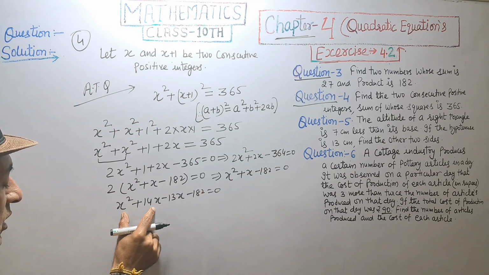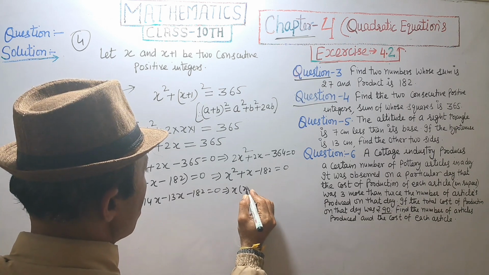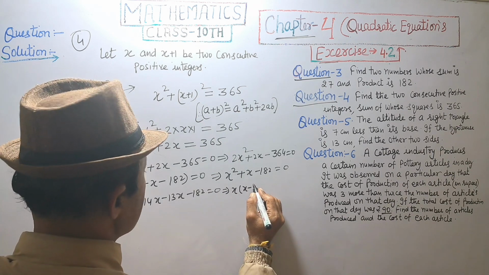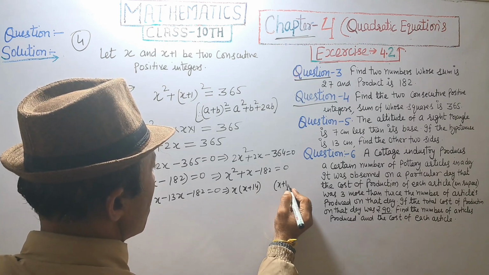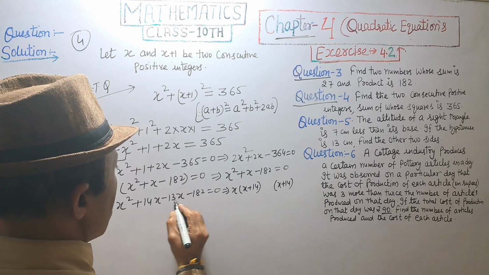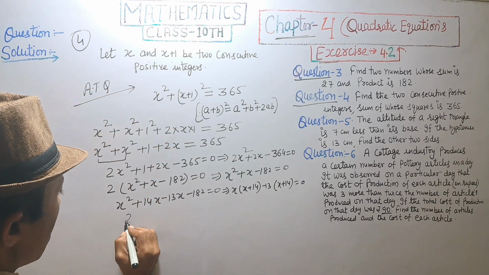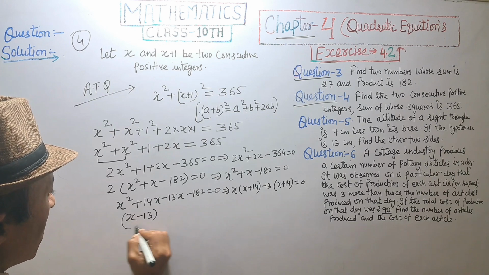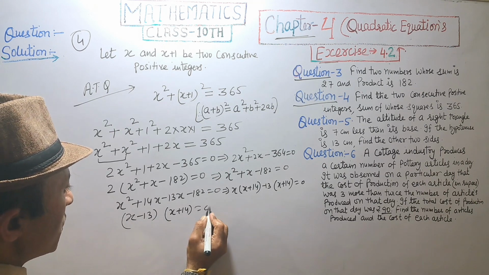So x is taking common, in brackets x plus 14, and minus 13 is common, equal to 0. x minus 13 one time and x plus 14 is equal to 0.